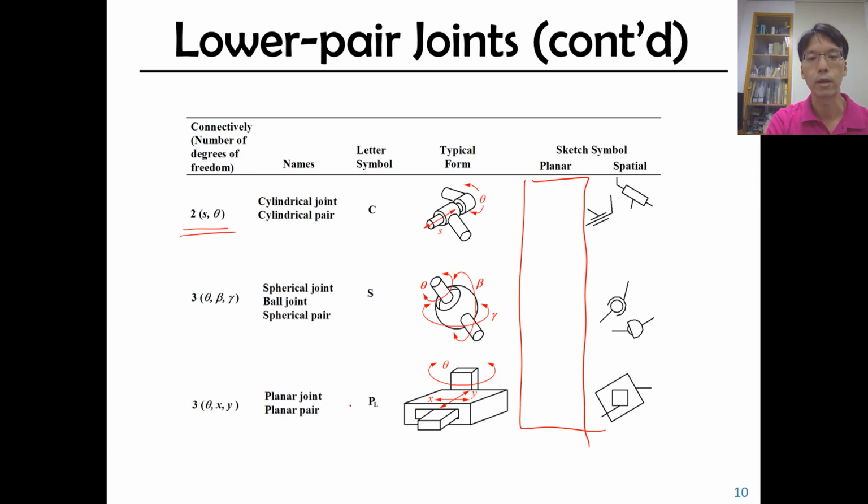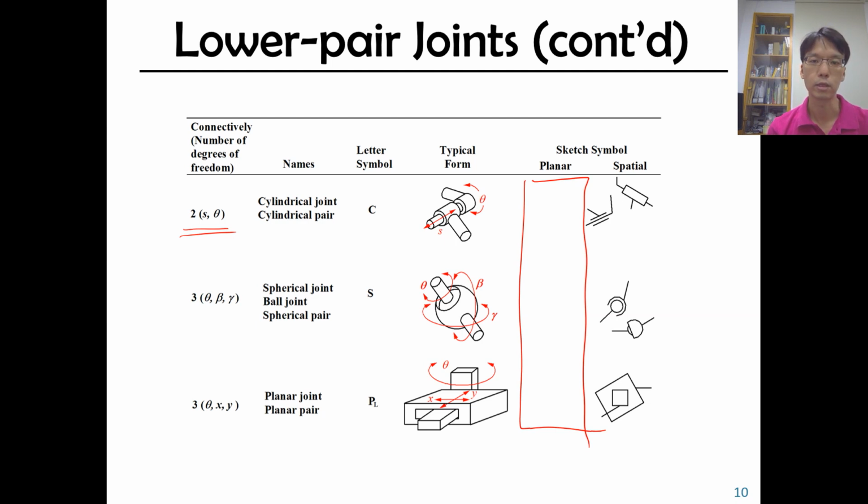And there's a planar joint, basically a brick sliding on a surface. It also has 3 degrees of freedom: linear motion in the x direction and y direction, and it can also rotate along the z direction. The above are all lower pair joints.